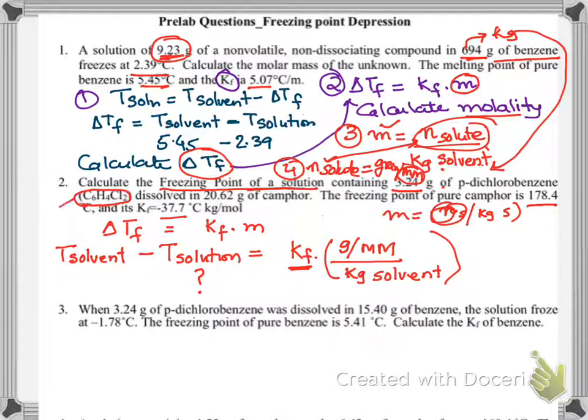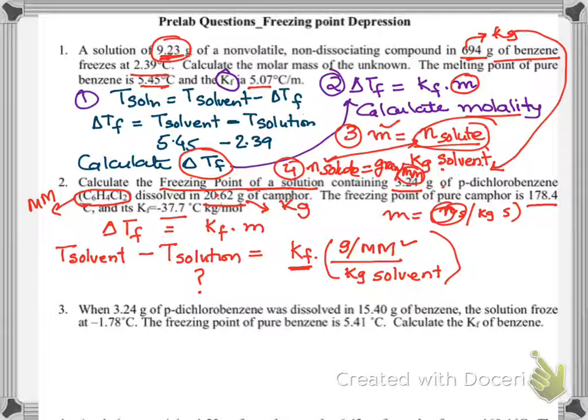Using the formula I can find out the molar mass, that will go here. And kilogram of solvent, my solvent mass is 20.62 grams and I can change that to kilograms. So I know all these values: T solvent, Kf, grams of solute, molar mass of the solute I can find with the formula, and change the grams of solvent to kilograms to find T solution.